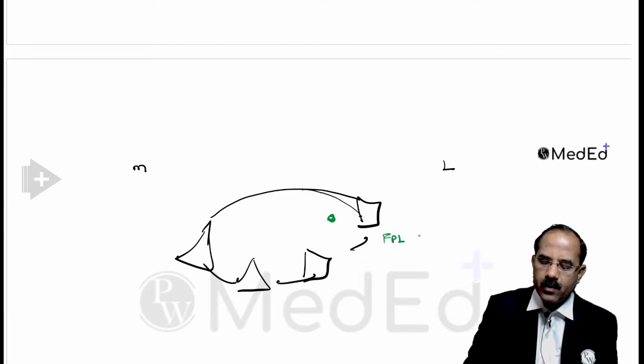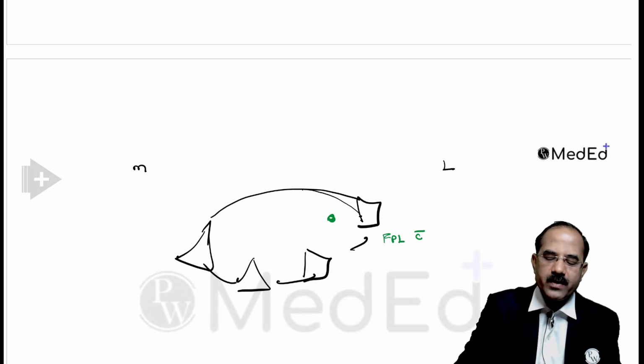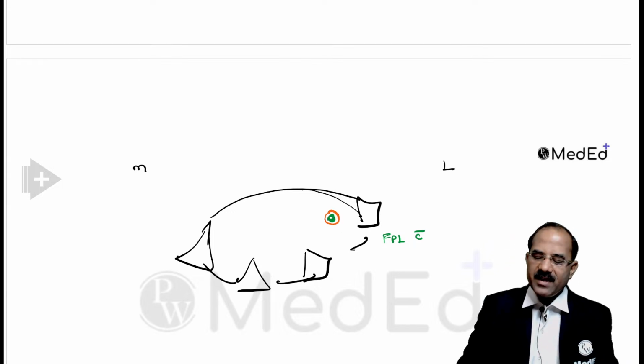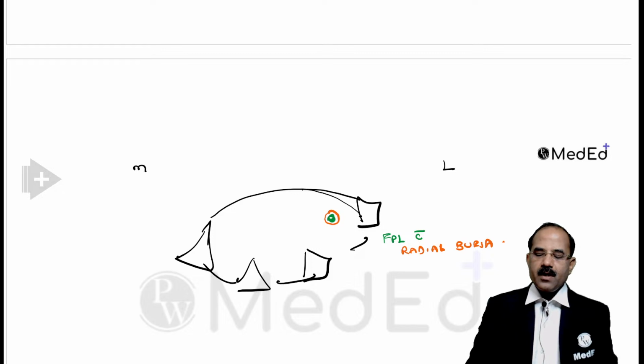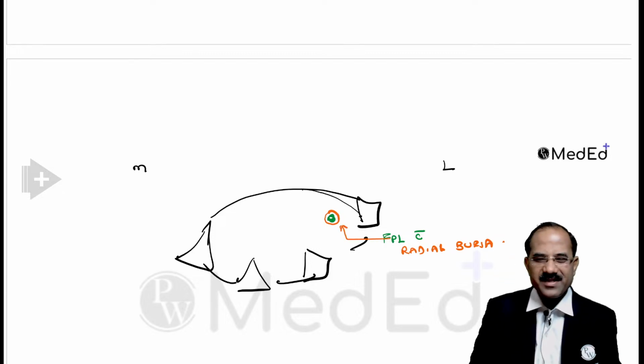Flexor pollicis longus. This tendon of flexor pollicis longus is put in a synovial sheath. This synovial sheath is known as the radial bursa. So this is flexor pollicis longus with radial bursa.